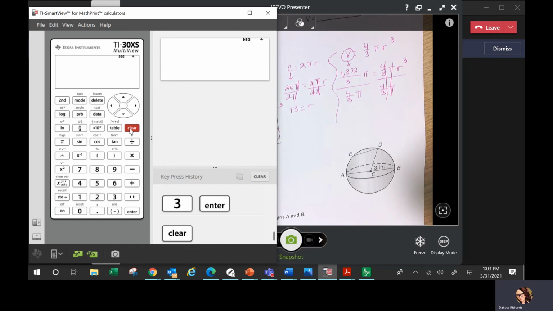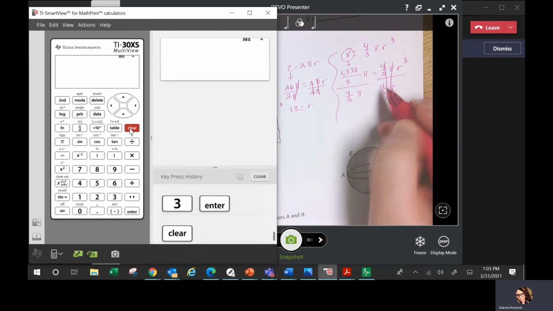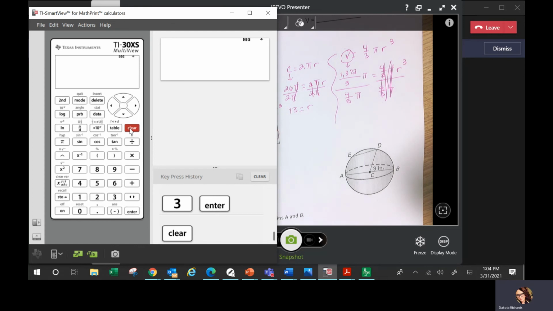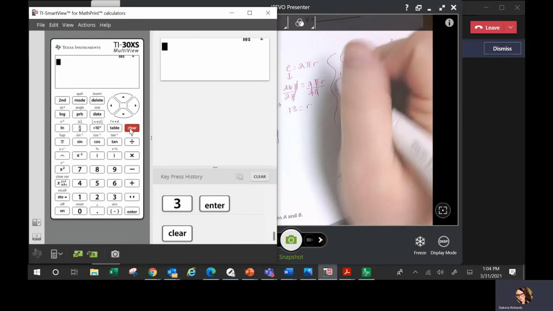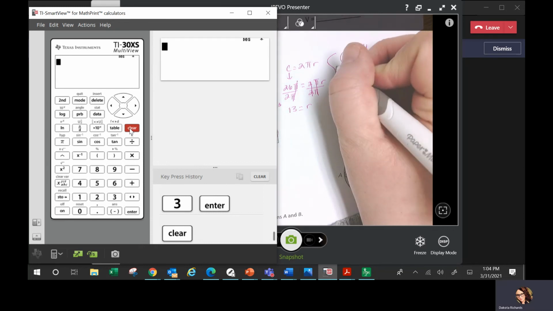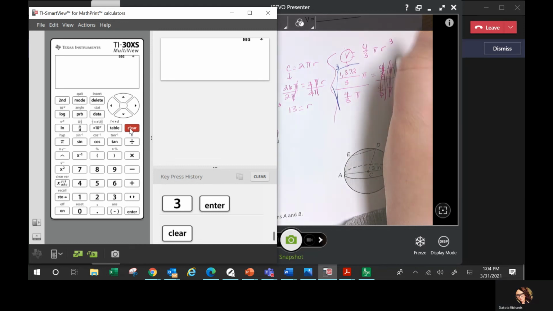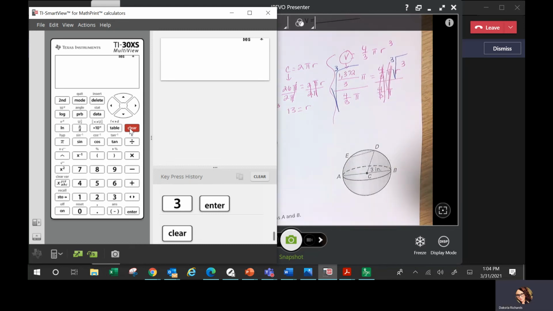It's going to cancel out on the right. And so now this is when you take the cube root. I'm going to take the cube root on both sides of this. That's going to get R by itself.